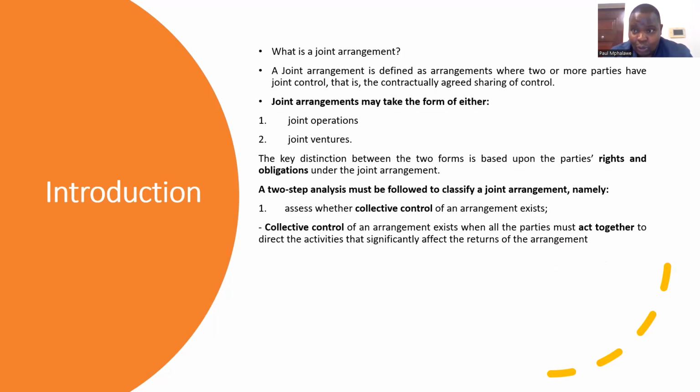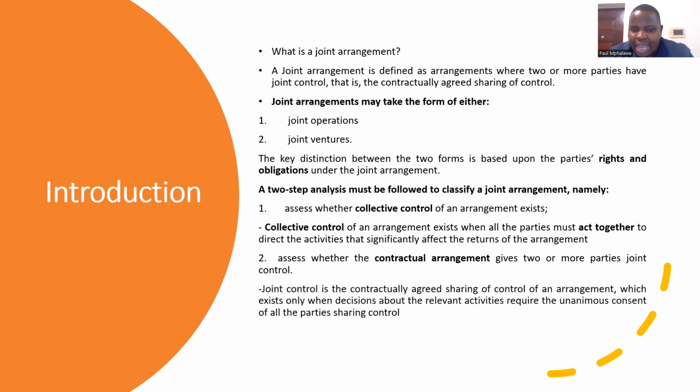Number two, you must assess whether the contractual arrangement gives two or more parties joint control. The contract that has been agreed between the parties, does it give two or more parties joint control?